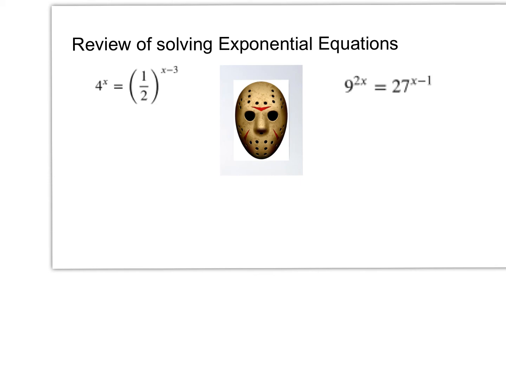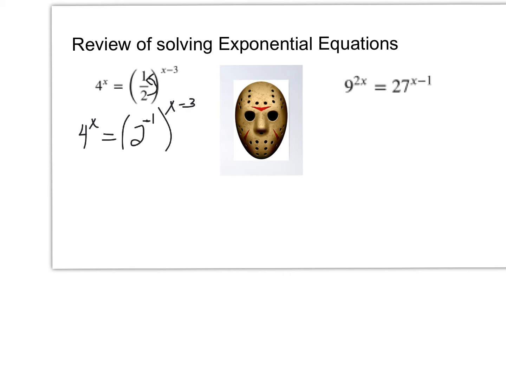All right, so let's take a look at our first equation. Notice we have a fraction here. We can't have that, so we're going to need to move this 2 up to the numerator. We're going to use a negative exponent to do that. So we're going to have 4 to the x is equal to 2 to the negative first power, and we're going to raise that to the x minus third, because we have to have everything on the same level.